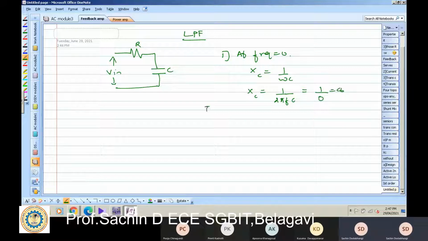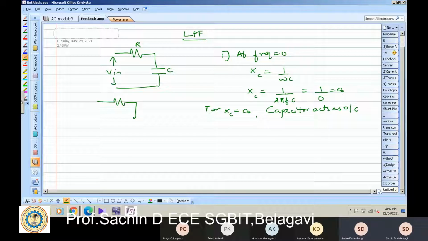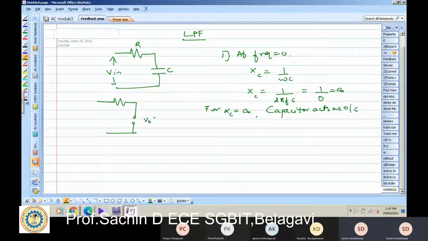For Xc equal to infinity, the capacitor will act as an open circuit. So I replace this capacitor by an open circuit, and you get output voltage equal to input voltage. That is at 0 frequency.